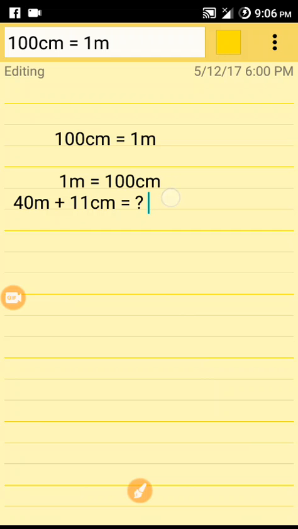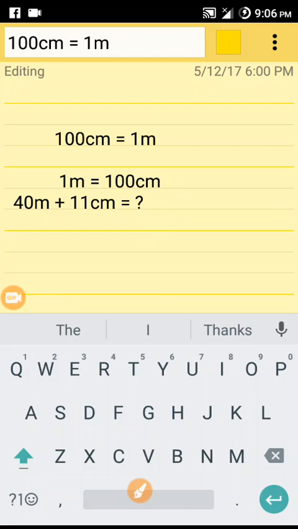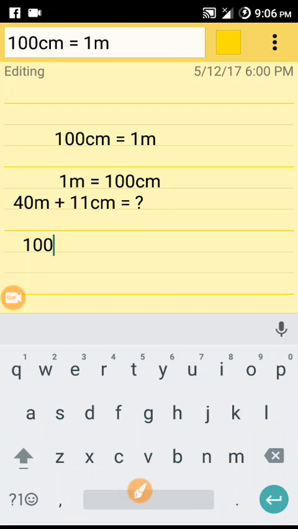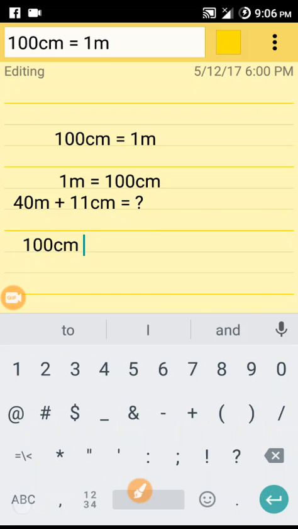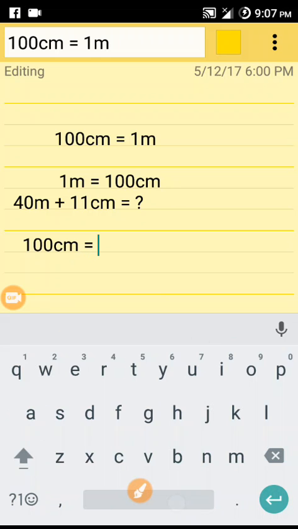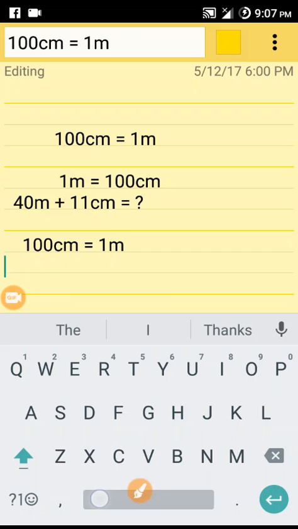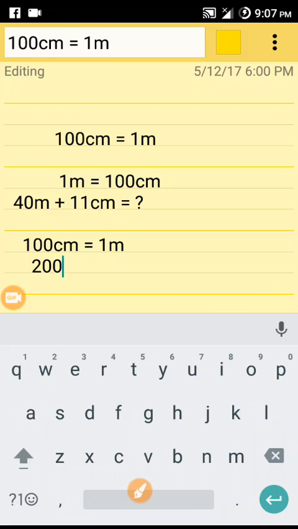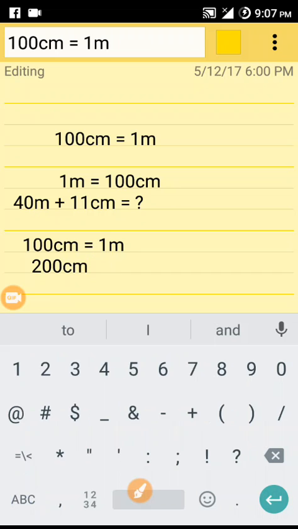So this is how it goes. If we agree that 100 centimeters will give us just one meter, then if you have similar issues like 200 centimeters, what do you think it will give us?